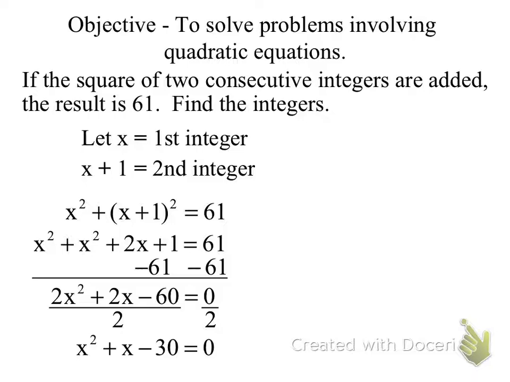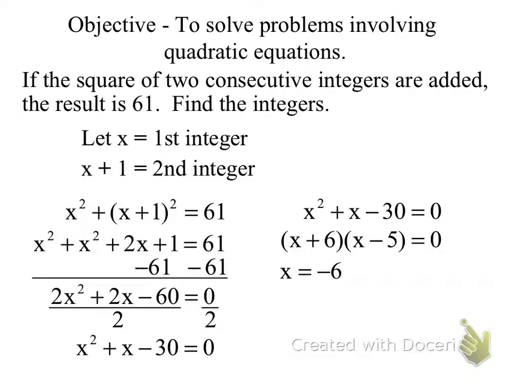X plus 6 times x minus 5. So he's saying what multiplies to negative 30 and adds to 1 is positive 6 and negative 5. And when I solve those, I get negative 6.